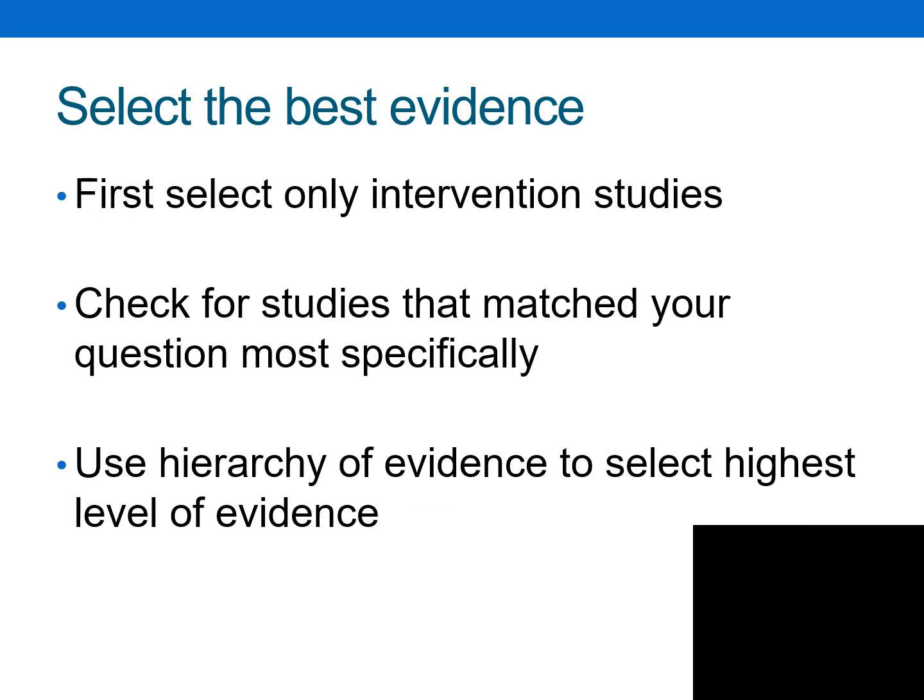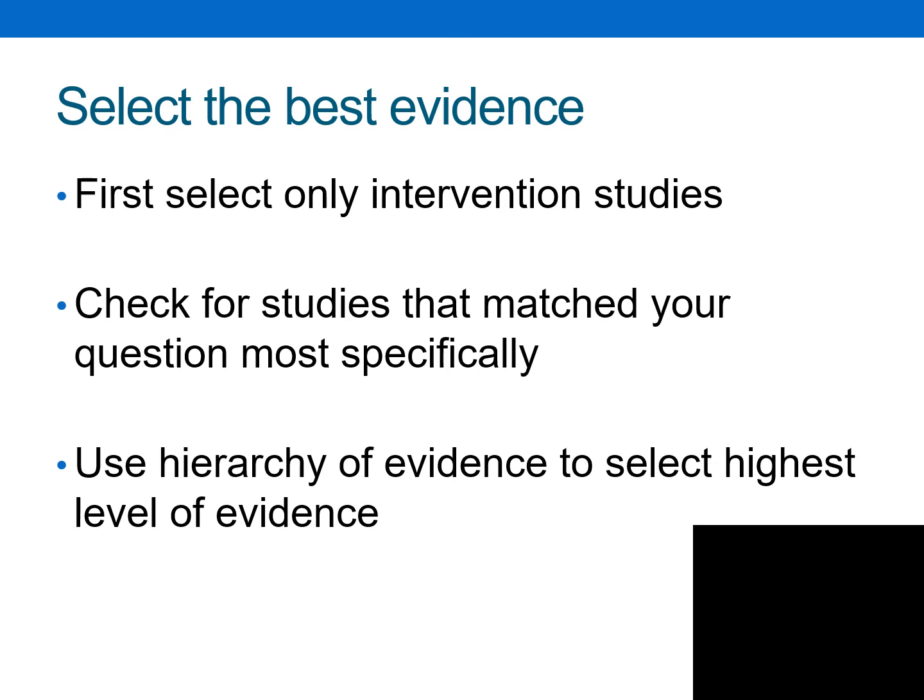Check for studies that match your question more specifically. So let's say, for example, you are focusing more on ACL populations, and then you want to focus, for example, on operative, or maybe using ultrasound, or maybe using shockwave therapy. Then you should check the study that matches all the keywords that you want.